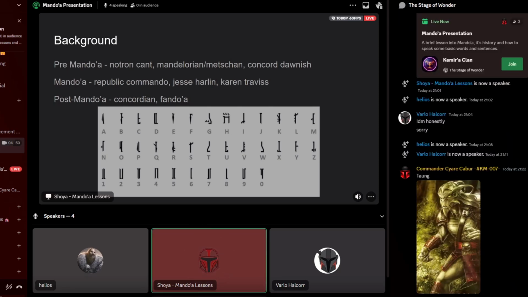But it shows up in the Shadows of the Empire soundtrack, I think in the Destruction of Xizor's Palace track, as chanting in the background. The only thing from Notran Cant that is in Mando'a is the words "da werda verda," which is dark, shadows, and warriors.